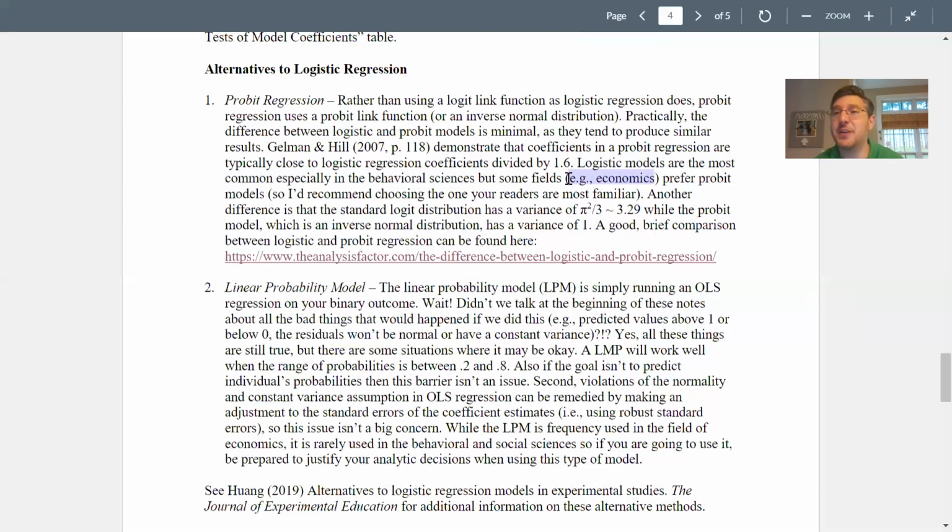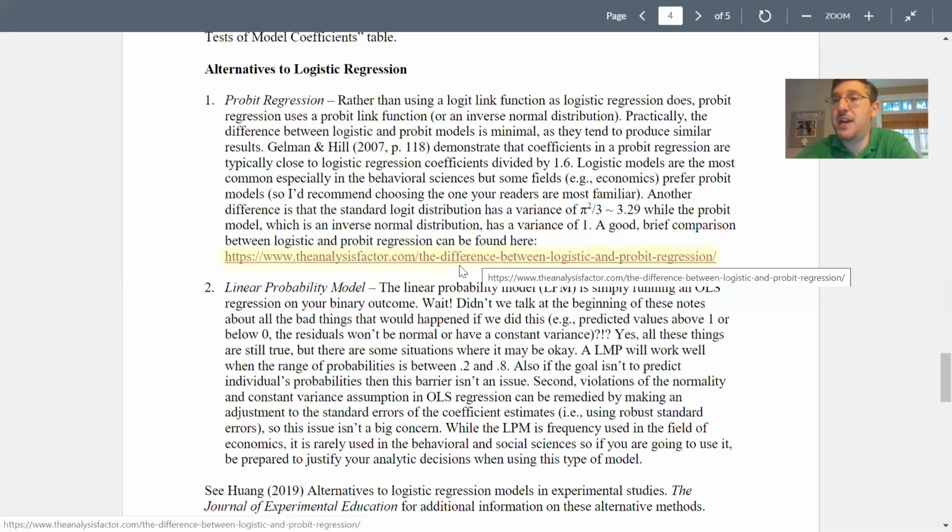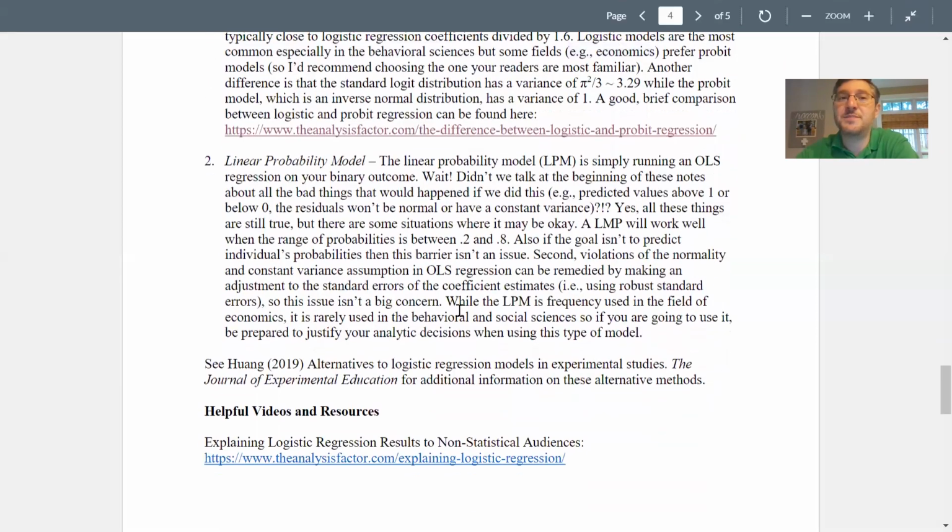So really, I just recommend choosing the model that would be most familiar to readers in your field. For most of us, that would be the logistic regression model. But in case you ever see or hear about the probit model, you'll know that it's trying to do the exact same thing as the logistic regression model. And here's a brief comparison you might find interesting between them.